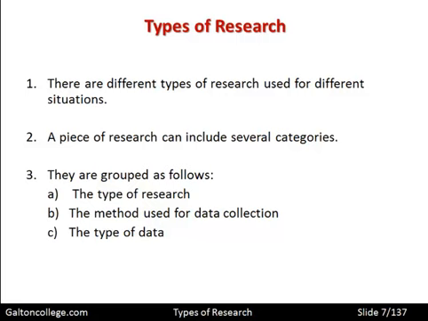What type of data is being collected? Is it secondary or is it primary? It's important to understand and know the difference between the two. And what are the sources of the data? Where does the data come from? It's not just secondary or primary. It could come from respondents.